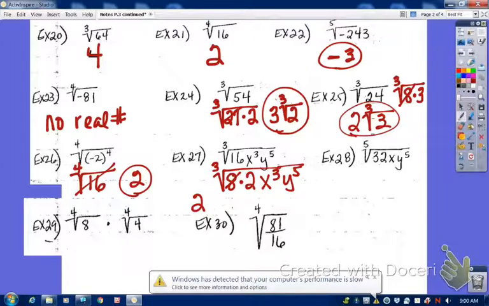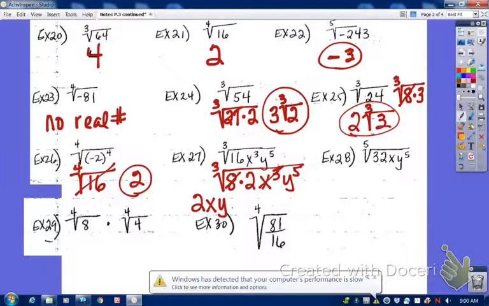Then go to the next variable. It's an x. You always take your index and divide it into your exponent. So 3 goes into 3 how many times? Once. So x to the 1 comes out. Anything left over after 3 goes into 3? No. So you cross the x completely out. There will be no x under your radical. Go to the next variable. Does 3 go into 5? How many times? Once. So y to the 1 comes out.